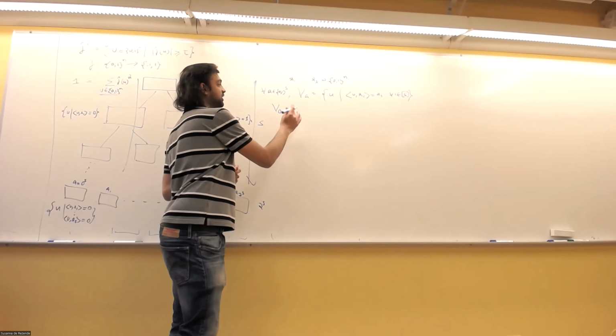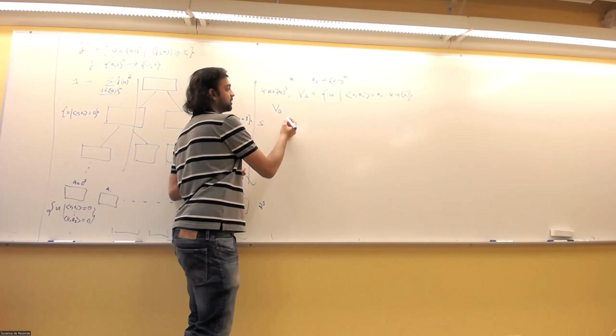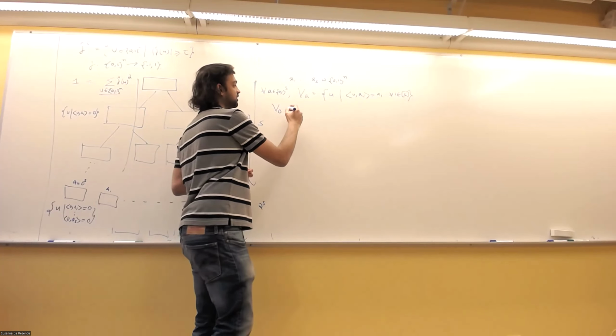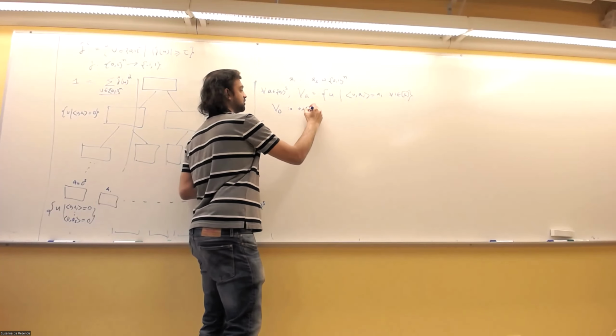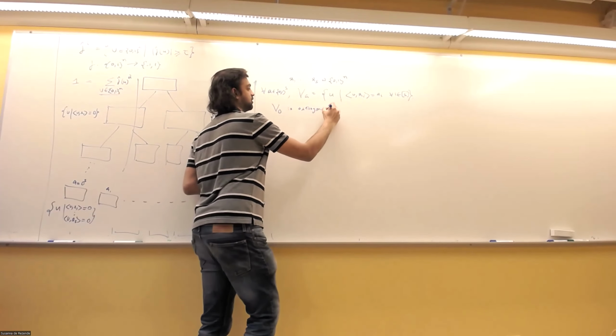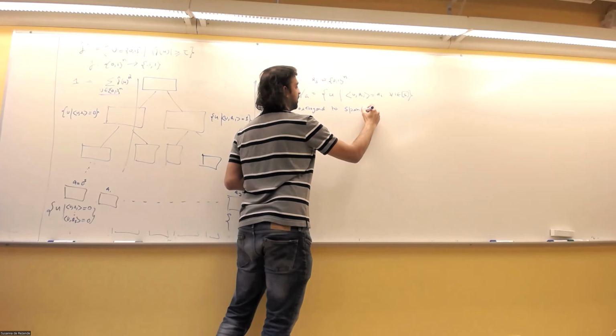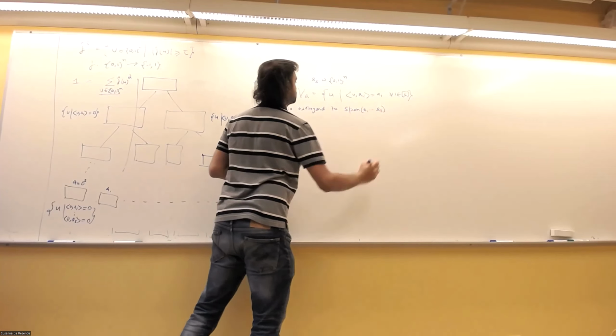But if you think of it, V naught is nothing but the space orthogonal to the span of R1 to Rs.